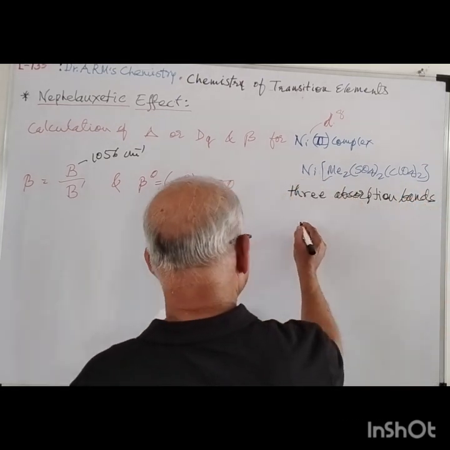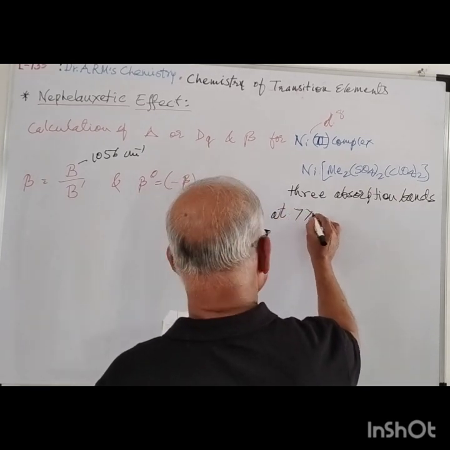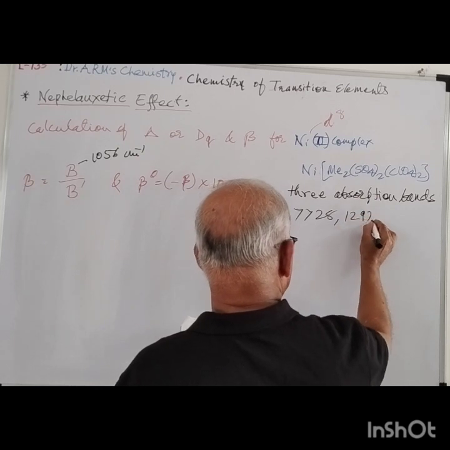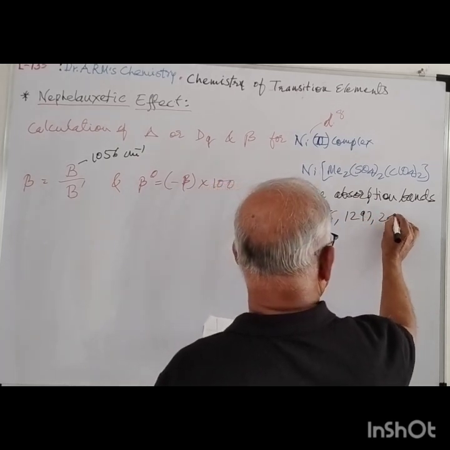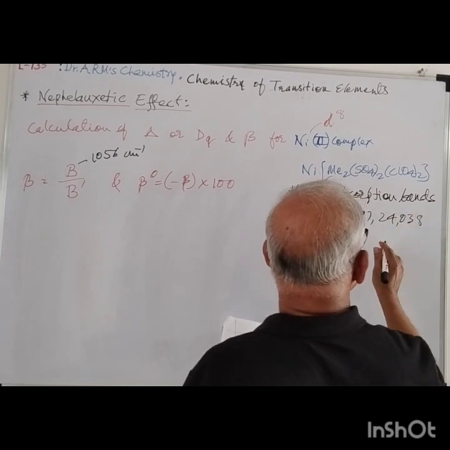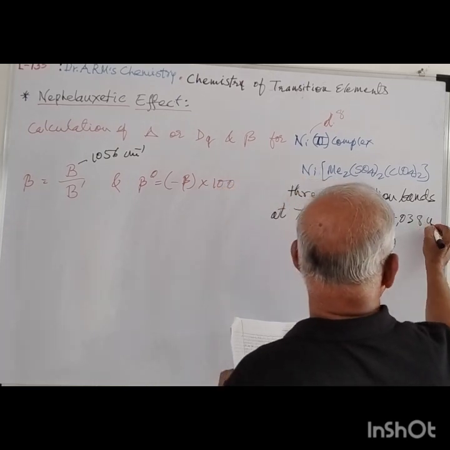These values are at 7728, 12970 and 24038 per centimeter.